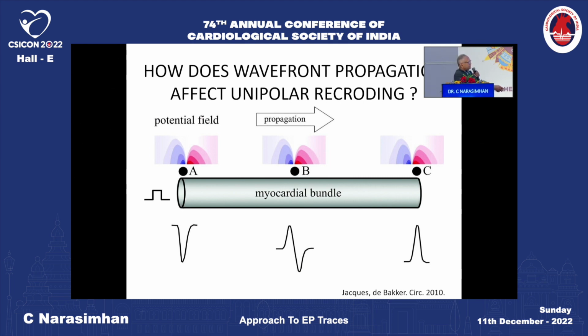A unipolar electrode doesn't tell you the timing, but it tells you the wavefront of activation is either moving away or moving toward. Suppose the same wavefront of activation, I am looking at it from point C, I see all the positive charges coming towards me, and therefore I will record a positive deflection.